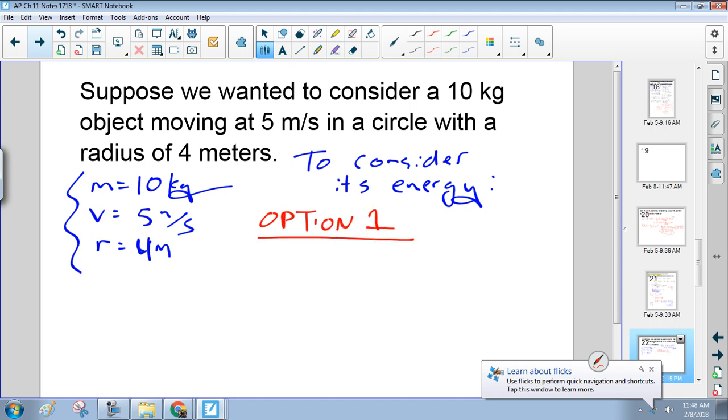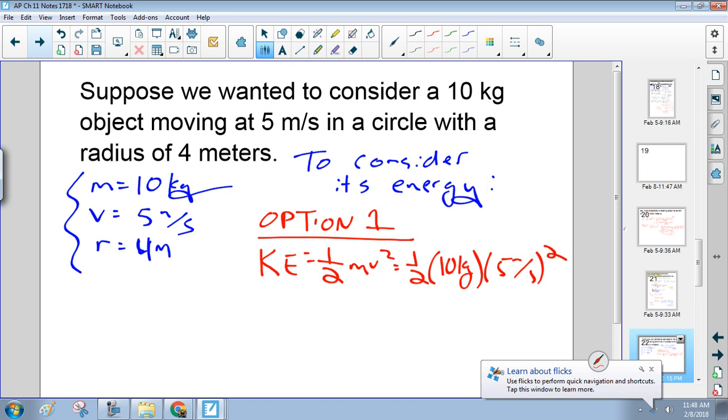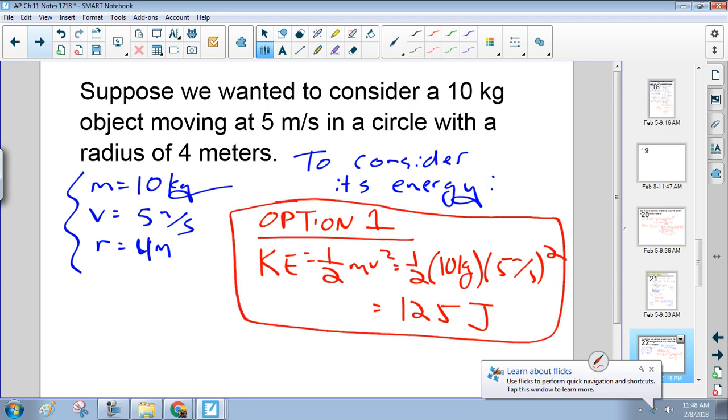Option 1 would be to look at the kinetic energy. So you just do 1/2 mv squared. So half of 10 kilograms times our velocity, which is 5 meters a second. Don't forget to square it. So that gives you 125 joules. So that's one way you could consider it. The total energy of this thing, assuming that it's got no height and nothing stretchy or anything, is to say that it's got a kinetic energy of 125 joules.